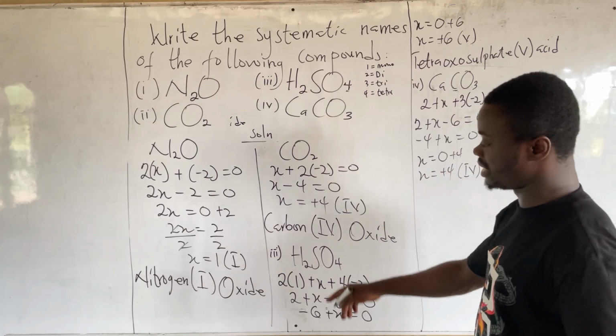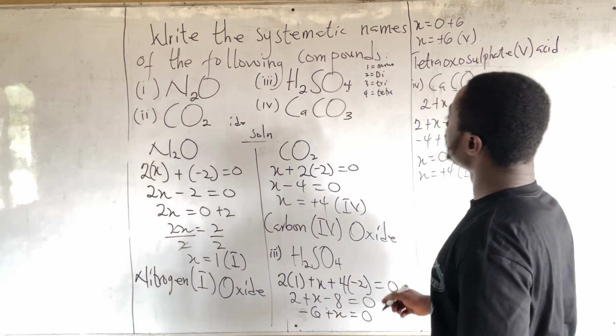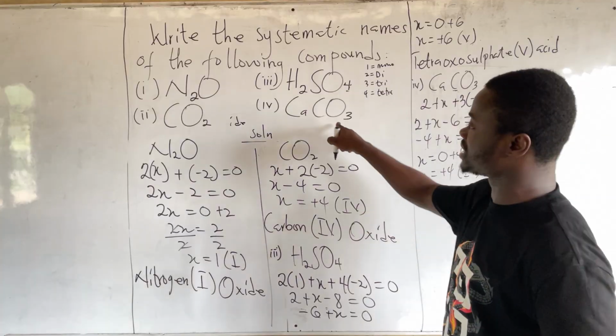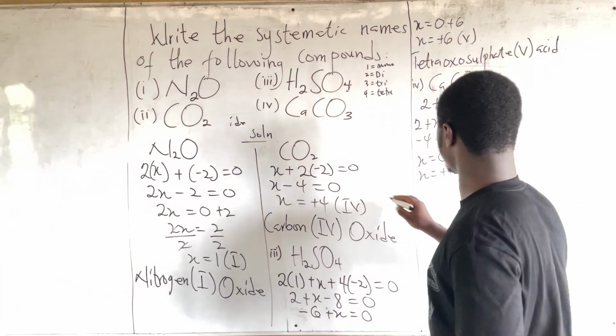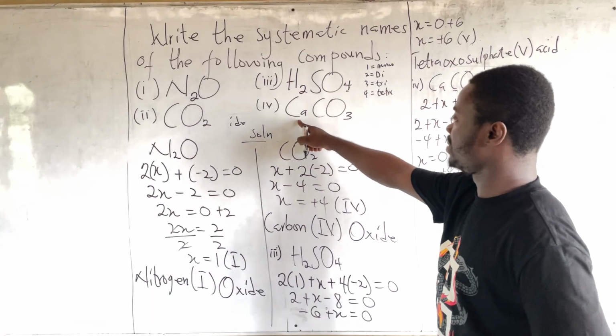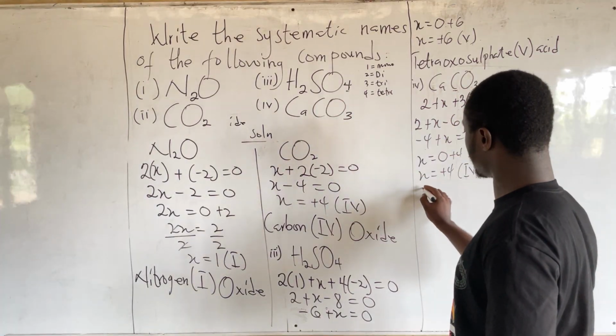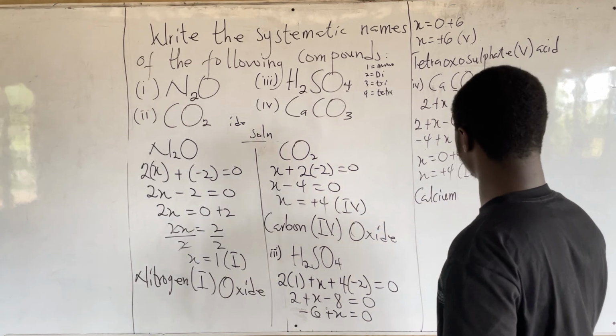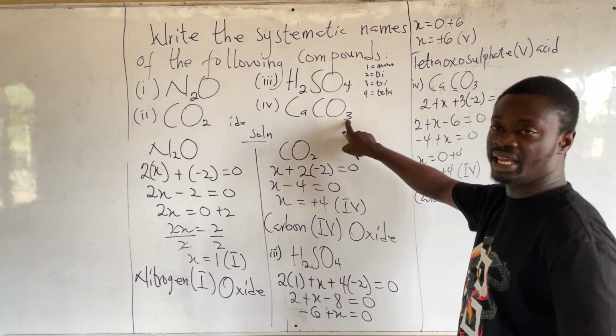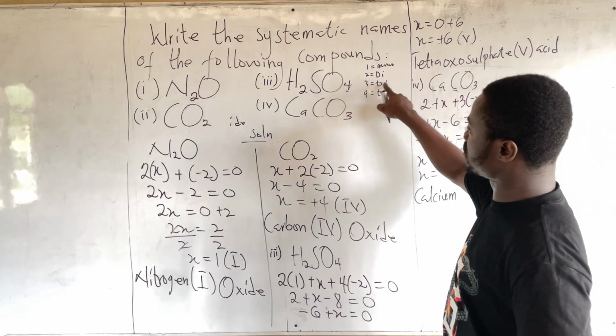So let's name this compound. With this one, since it is not an acid, we are going to start the naming from the front. So the first element is calcium. So we are going to say calcium. Then we come and check here. The number here is 3. I told you 3 is tri.